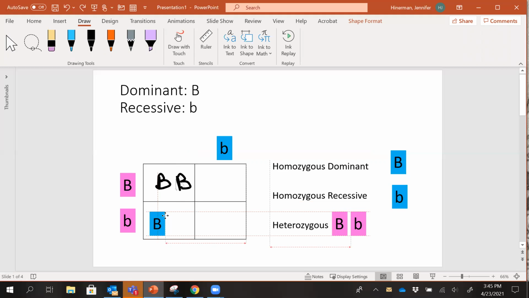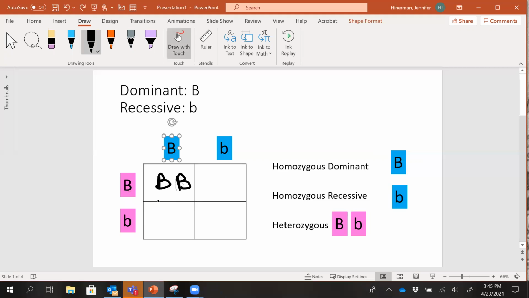Okay, so I take this, I combine the top to what's on the side. Okay, so now in this box, I'm going to write big B, little b, because I had big B from the top and I had little b from mom on the side. So with my drawing tool, I'm going to write big B and a little b.